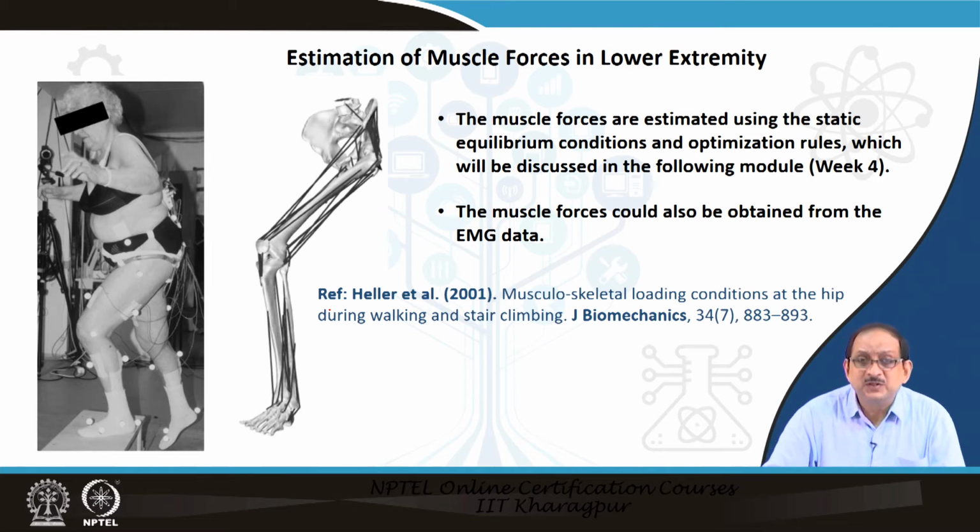Now, muscle forces can be also estimated in the lower extremity. The muscle forces are estimated using static equilibrium condition and optimization rules, which will be discussed in detail in the following module in week 4. The muscle forces could also be obtained using EMG measured data.